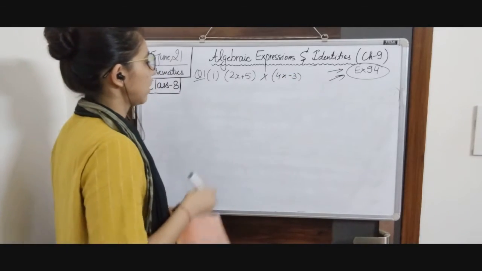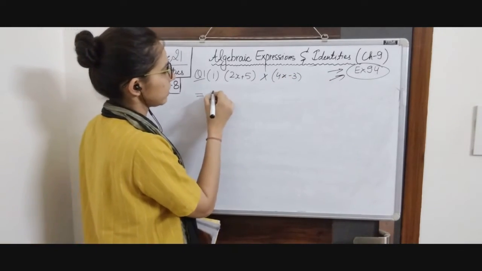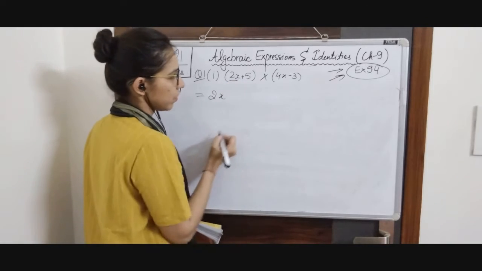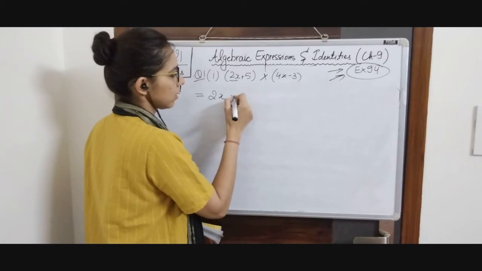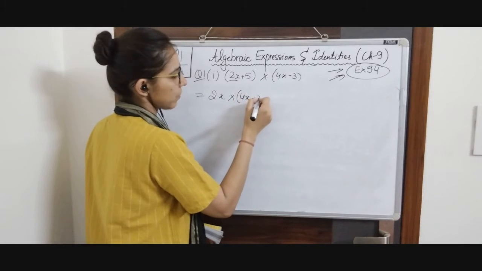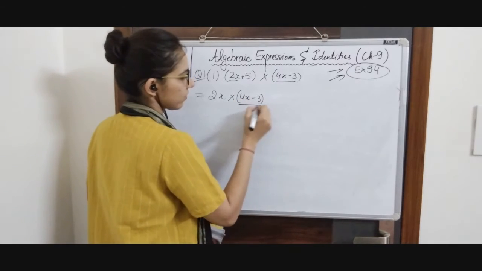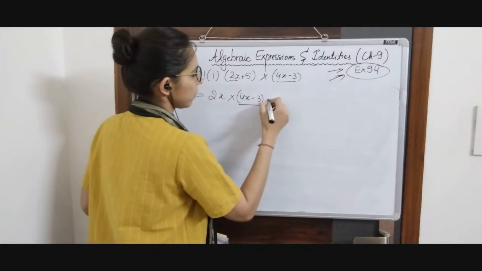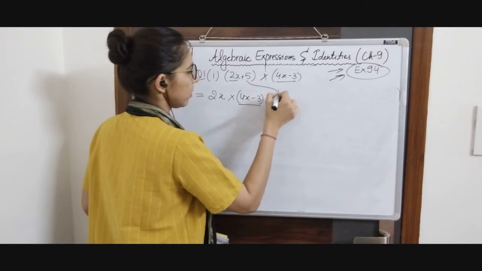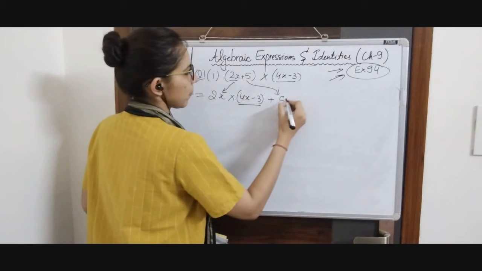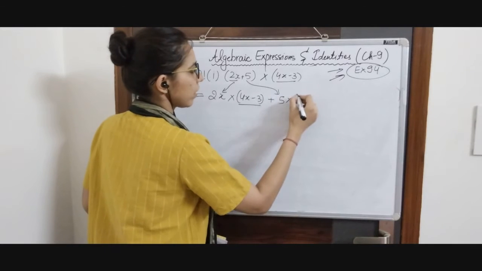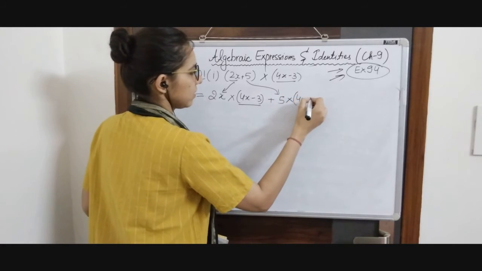So it is going to be like this: 2x, the first term, into (4x minus 3), and we write the sign as it is, plus 5 into (4x minus 3).